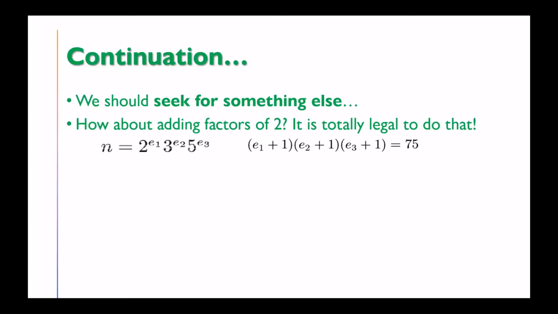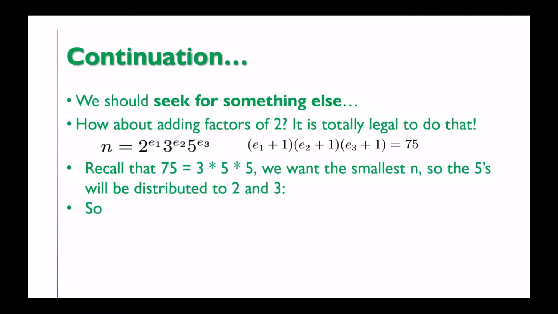So now we would have n equals 2 exponent e1 times 3 exponent e2 times 5 exponent e3 to reduce n. And we have, at the right, e1 plus 1 times e2 plus 1 times e3 plus 1 equals 75, just as what we have seen in the last slide. So recall that 75 equals 3 times 5 times 5.